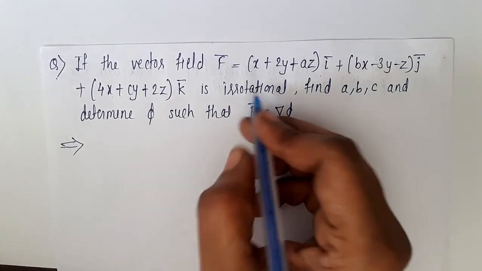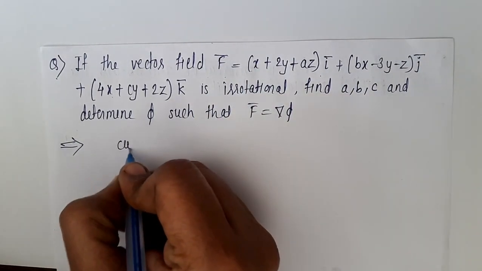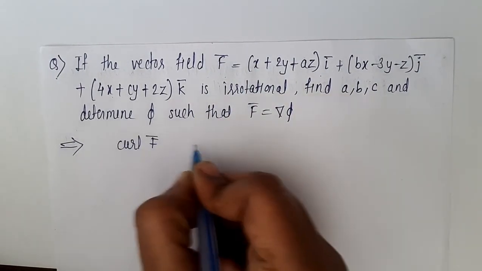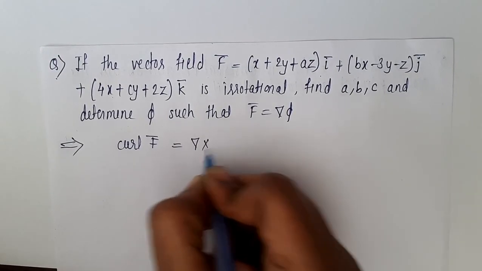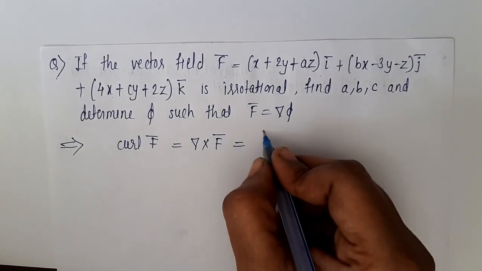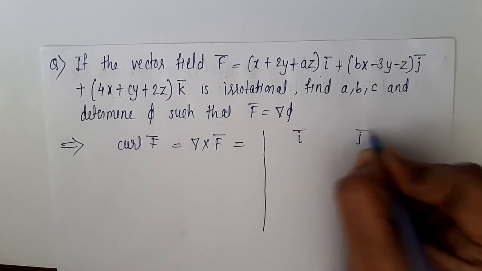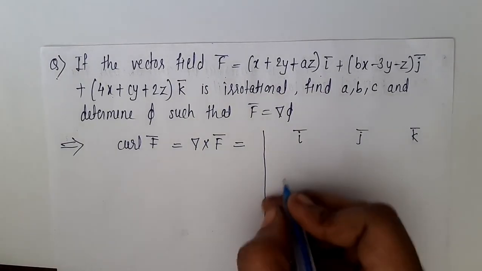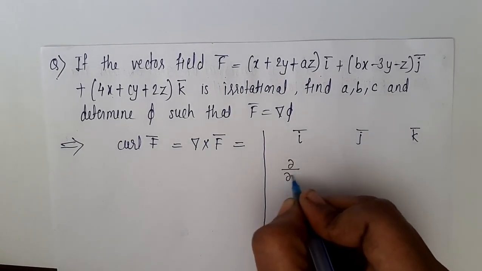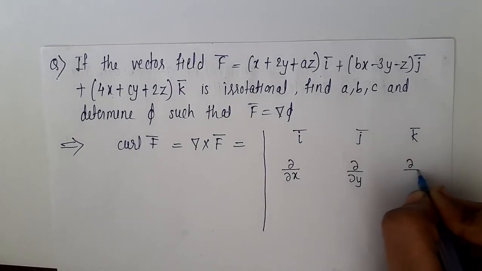Now first we want to show that F is irrotational. F is irrotational means we want curl of F. Curl of F means del cross F. Del cross F is equal to first row i vector, j vector and k vector. Second row coefficient of del, that is del by del x, del by del y and del by del z.